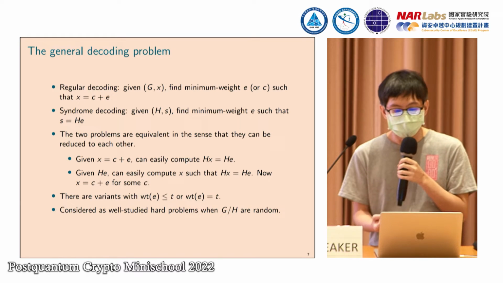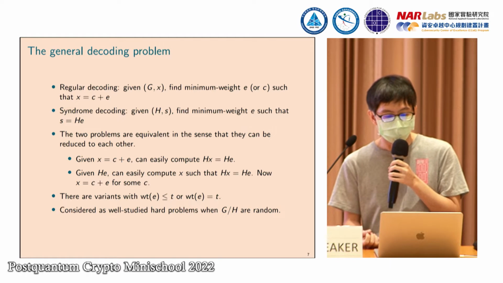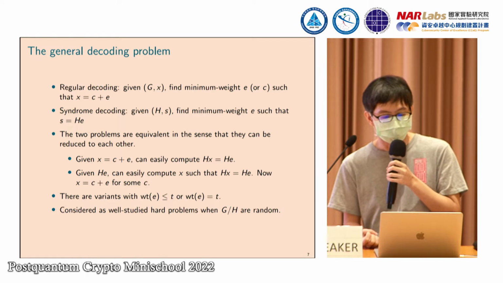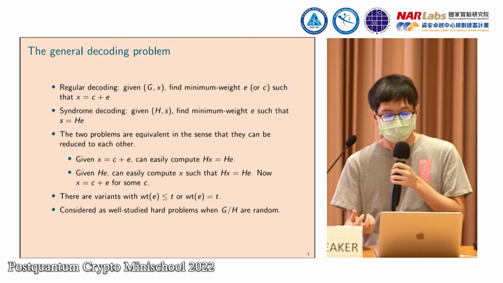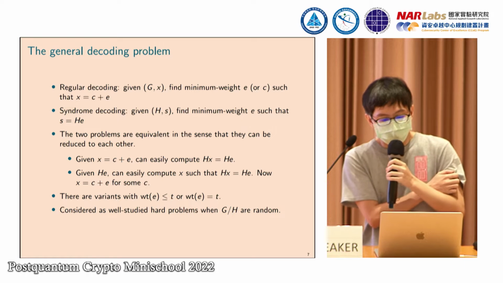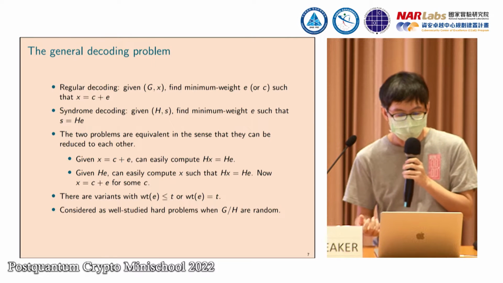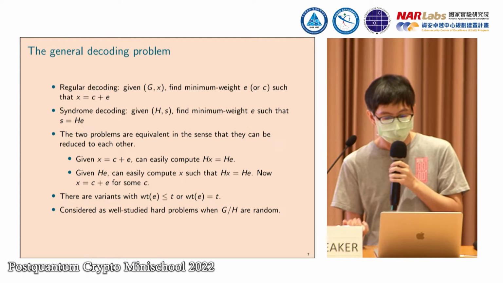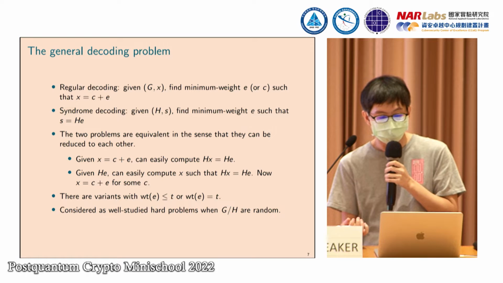In this case, we're given a generator matrix G and a vector X as inputs, and we want to find the minimum weight E, or equivalently C, such that X is equal to C plus E. The second form of the general decoding problem is that we're given a parity check matrix H and some vector S, and we want to find the minimum weight E such that S is equal to H times E.